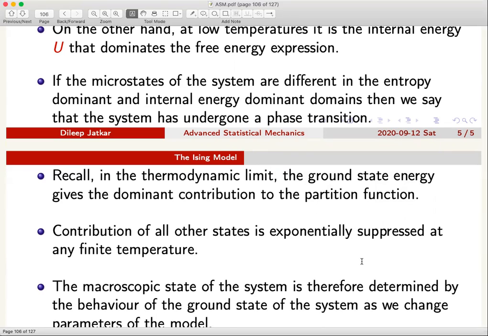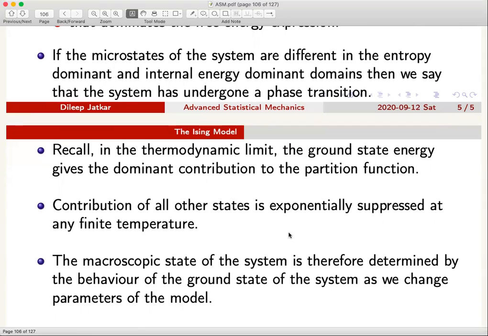Because the contribution of all other states is exponentially subleading, as long as the temperatures are finite, what one really needs to figure out is what happens to the ground state of the system. Whether the macroscopic behavior of the system is paramagnetic or ferromagnetic in a spin system is much more a game of what the ground state of the system is than what the excited states are actually doing.